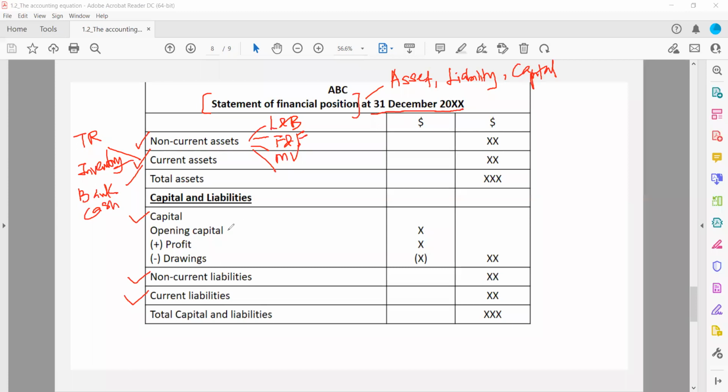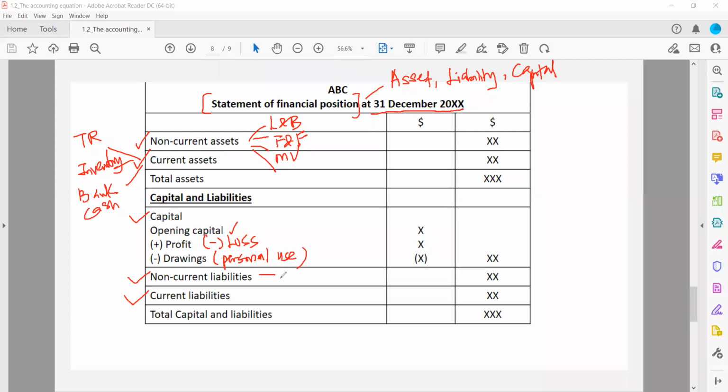For capital, we have the components: the opening capital, if you have profit you plus, if you have losses you minus, and drawing. This drawing refers to the money or the item that we take for personal use. Personal use means it will reduce the capital amount. So these three components sit under the capital section.